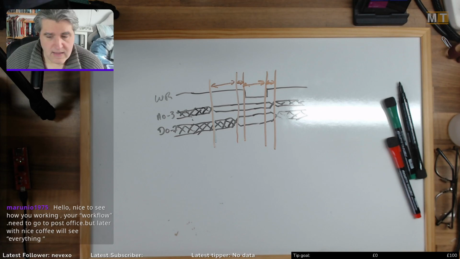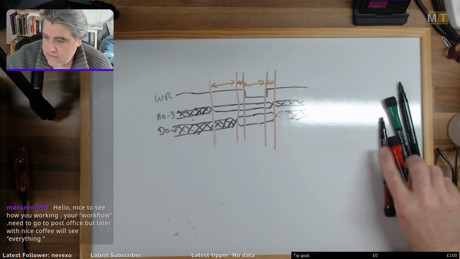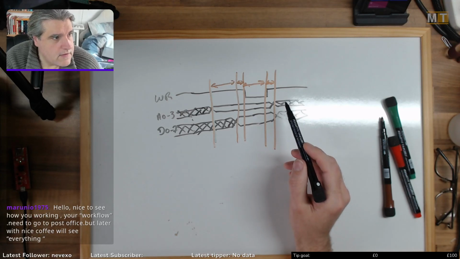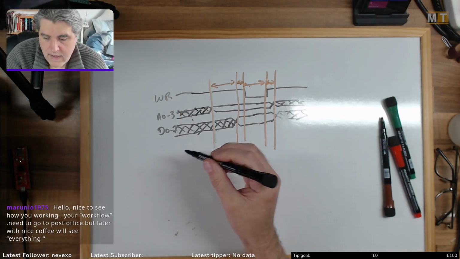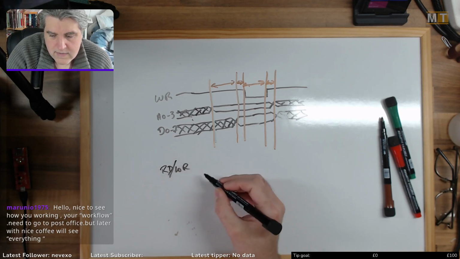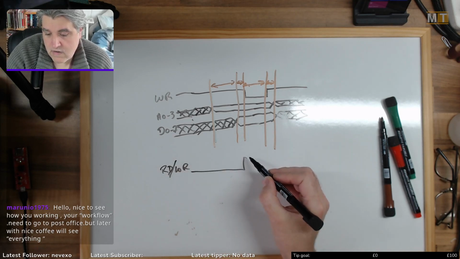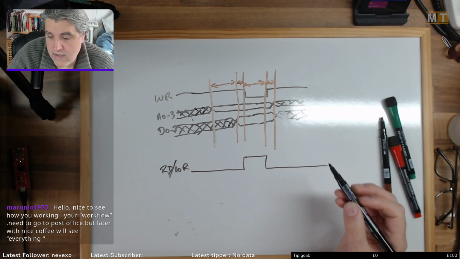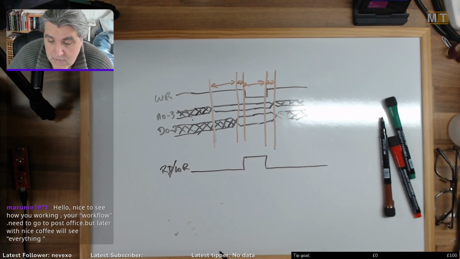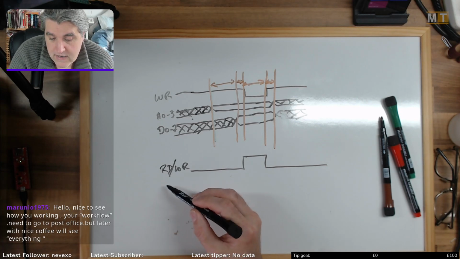Sometimes there's a slight difference in that instead of a simple write, you have an RDWR signal, which may go high for a write or low, I don't know, it could vary from bus to bus.